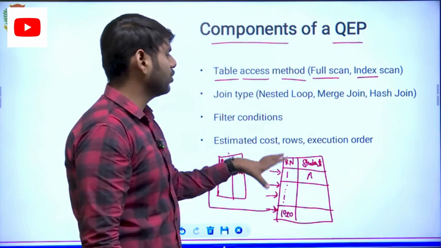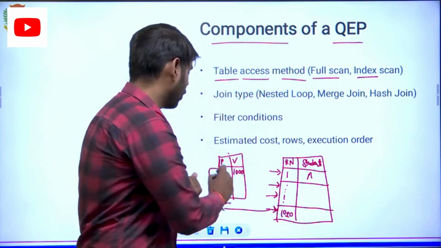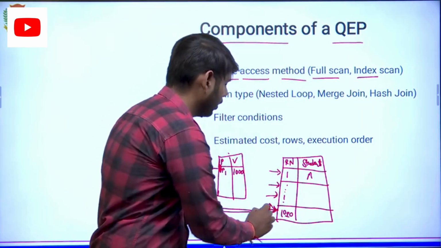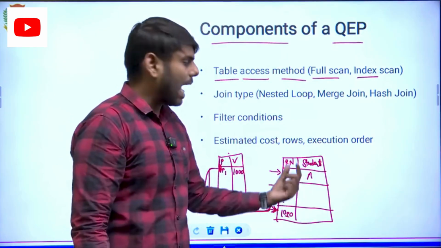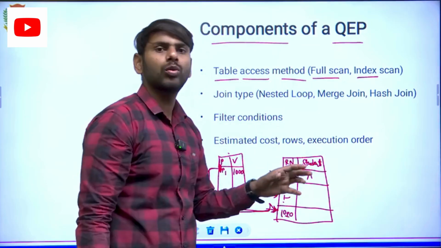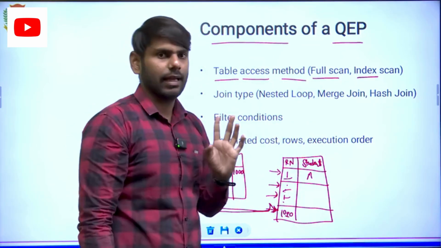So once you execute using the index scan, this pointer will point directly to that particular row, and then you don't have to process all the rows from 1 to 999, right? So this is your index scan.